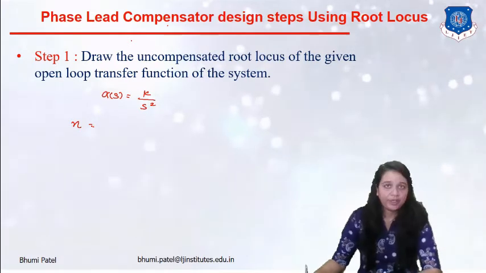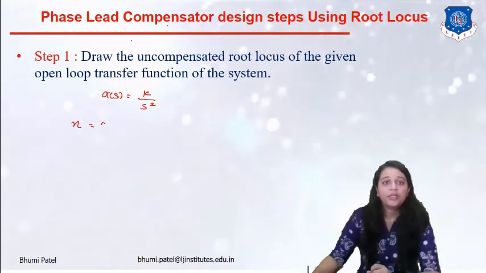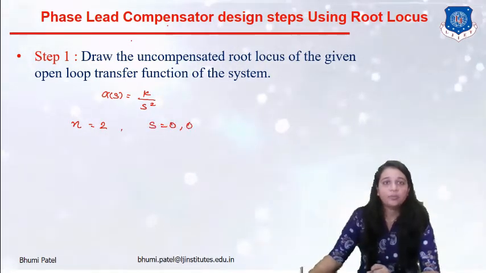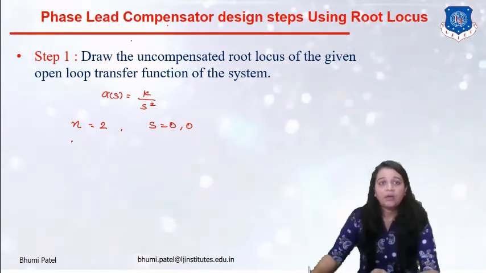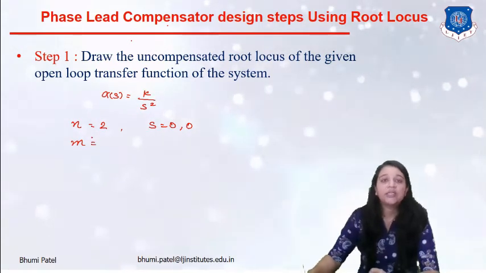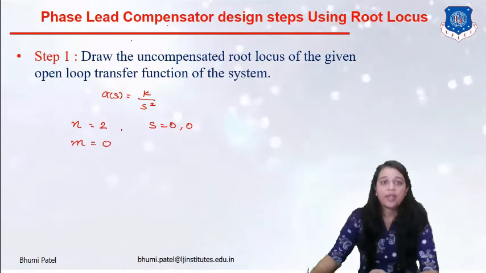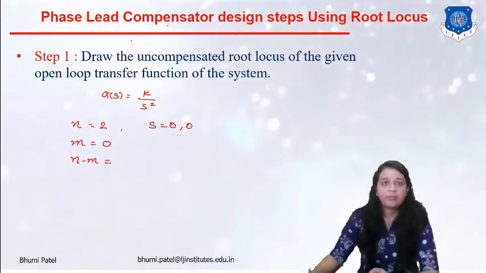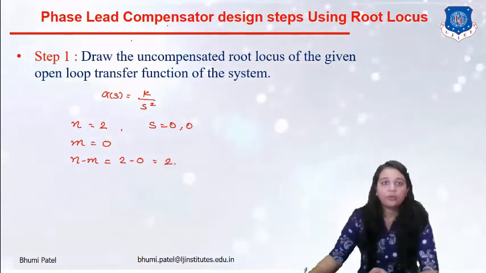Here the number of poles is 2 and the value of the poles is 0, 0, because in the denominator the term is s². Next, the number of zeros: there is no zero, so m = 0. Then n minus m is 2 minus 0, which is equal to 2.